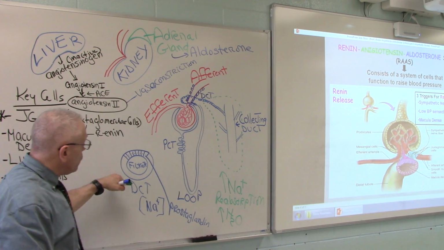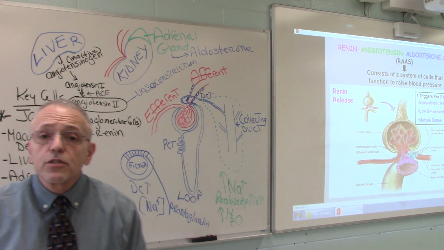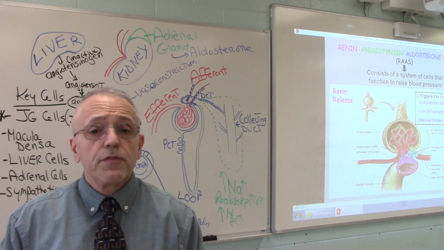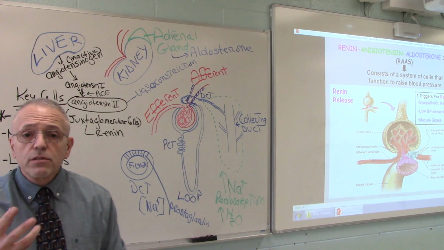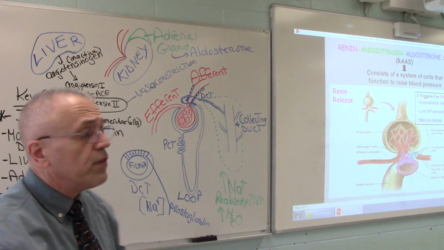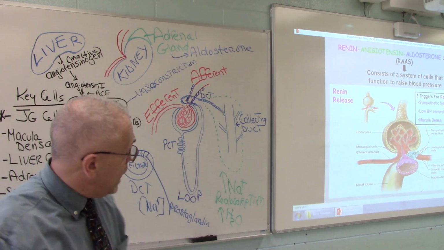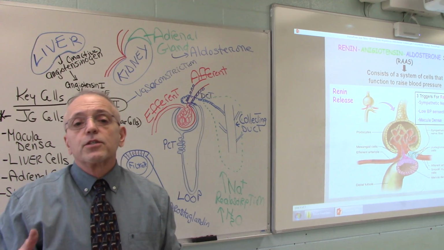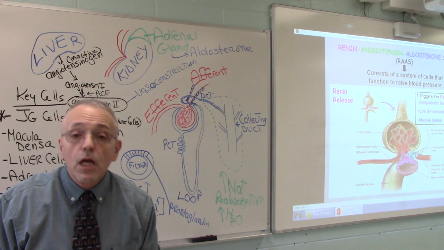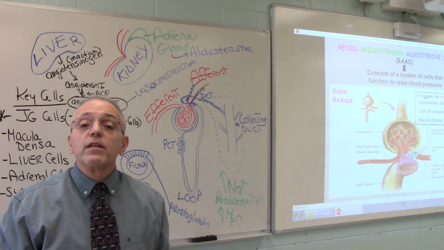In addition, we have the macula densa cells that are monitoring sodium concentration in the filtrate at the point of the DCT that happens to be nestled in between the afferent and efferent arterioles. And when the macula densa samples this filtrate and determines that the sodium concentration is low, by the way, let me make a point of that.